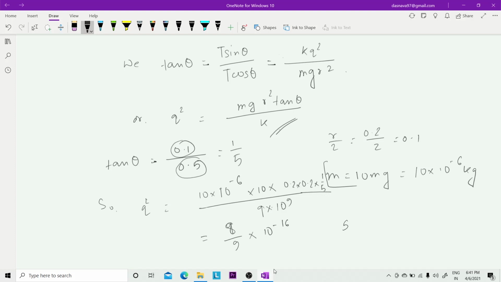So q equals, if we take the square root, 2 root 2 by 3 into 10 to the power minus 8 coulomb. So the value of A will be 2 root 2 in this question.